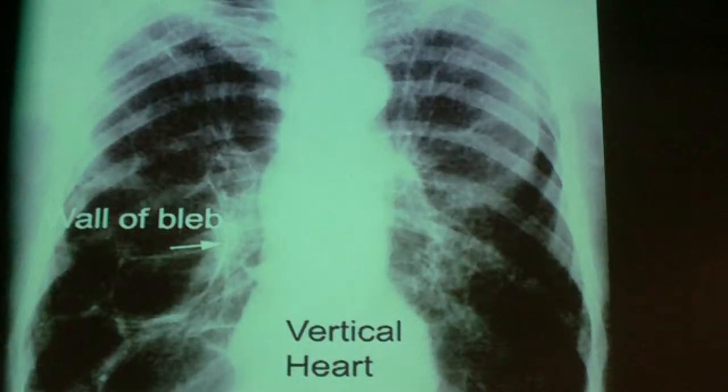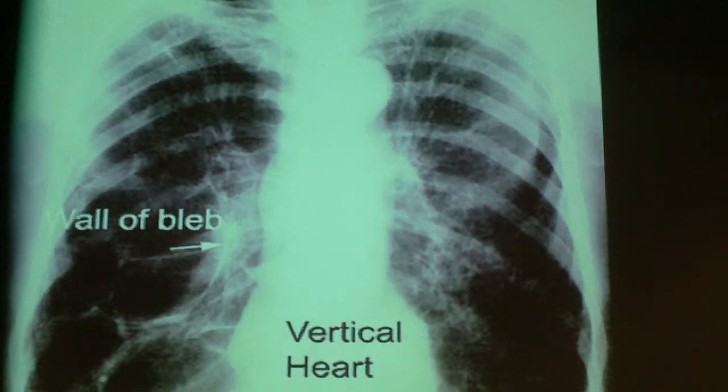Okay, and this is a chest X-ray of a patient with emphysema, and I describe a little bit what is changed. We see that there are low set diaphragms. If you compare it with the previous, these diaphragms are lower and more flattened. You also see that the lung parenchyma is more loosened.